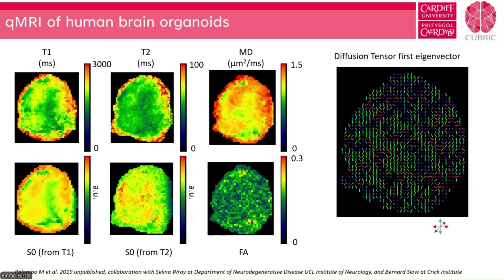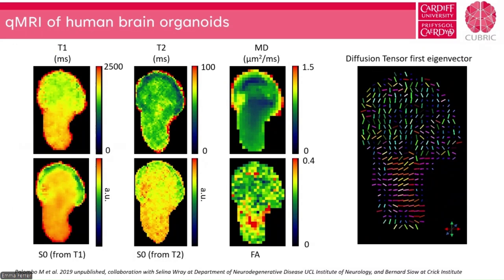And so these are the distributions of T1, T2, and mean diffusivity, and they mirror quite well the distribution in the cortical layer of the cortex. And here you can see the distribution of the fibers. Again, this organoid didn't have oligodendrocytes, and yet we can recover the organization.